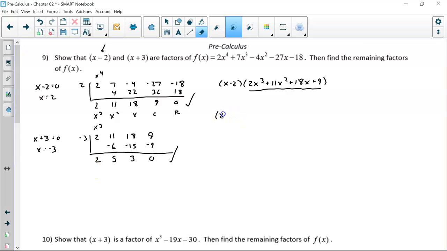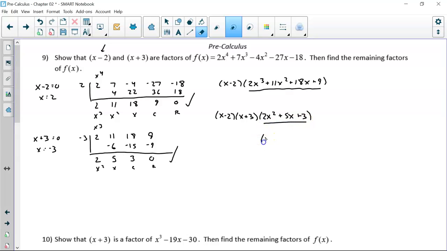Our initial was x minus 2. This divisor was x plus 3. Now this is our coefficient for x squared, x, constant, remainder. So we have 2x squared plus 5x plus 3. And once we get down to that quadratic, we can factor the quadratic.